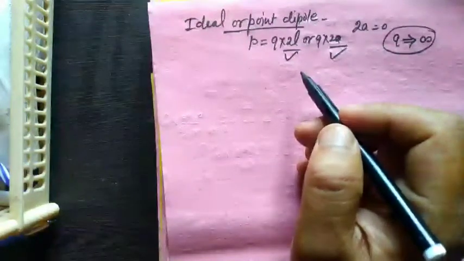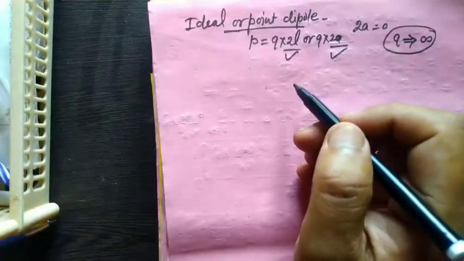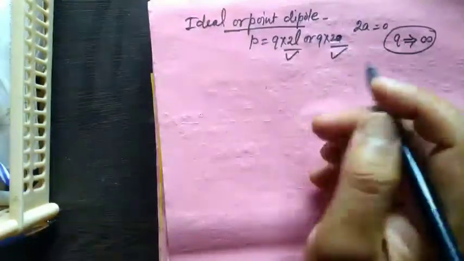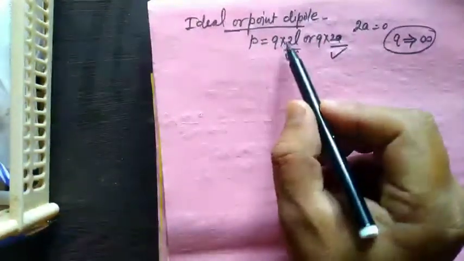A dipole of negligibly small size is called an ideal or point dipole.